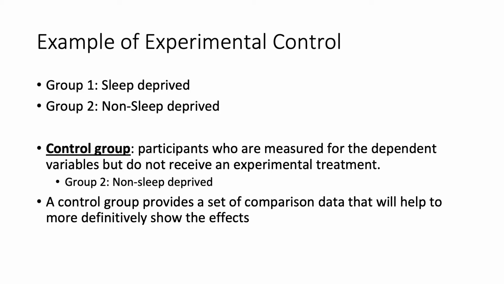In this example, group 2, the non-sleep deprived group, is going to be our control group. A control group provides a set of comparison data that will help to more definitively show the effects of the experiment, such as the dosage or some time frame on what you're really looking at. So the inclusion of a control group is invaluable in an experimental research study and can help strengthen your research design and make more sense of your results.